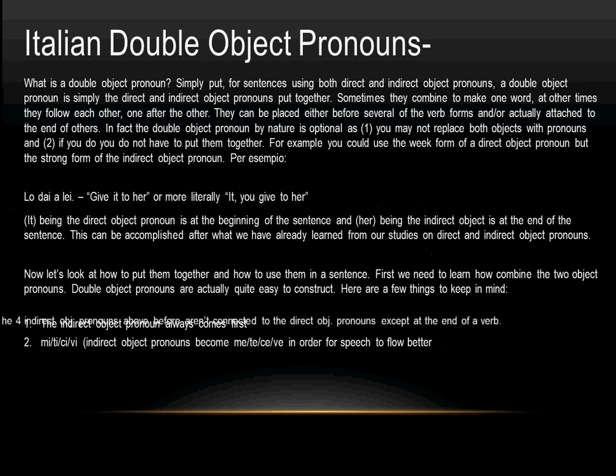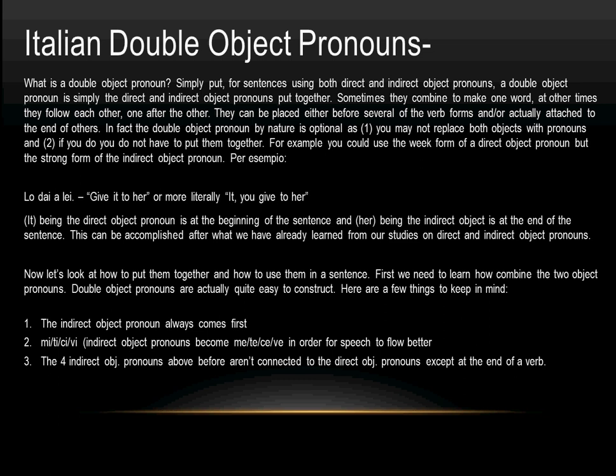Three, the four indirect object pronouns that I just mentioned are not connected directly to the direct object pronoun except when everything is connected together at the end of a verb. And four, gli becomes glie, and it is always attached directly to the direct object pronoun, and it's used for he, she, and them.